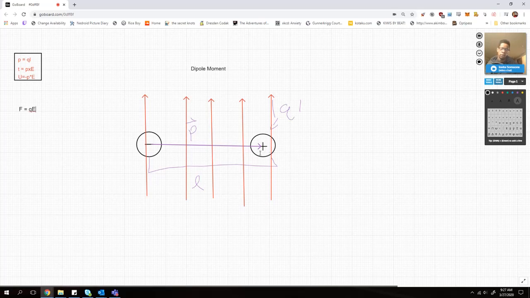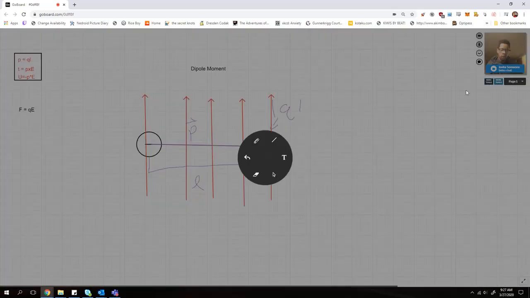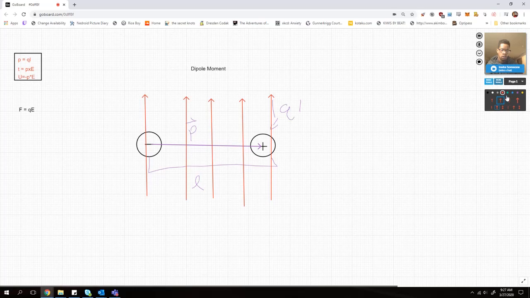And the direction of the force on the positive charge is going to be along the direction of our electric field. So this thing's going to feel a force up. Let's make the force that this thing feels up, right? And the negative charge is going to feel the force opposite of our electric field. So this is going to feel a force down.